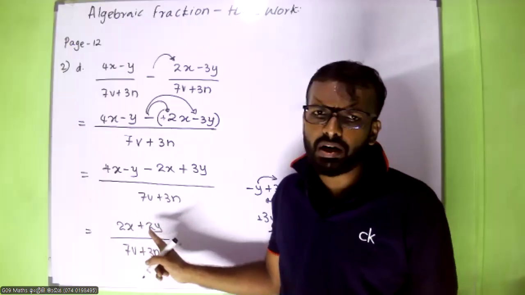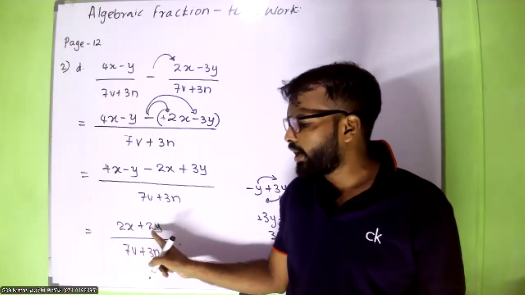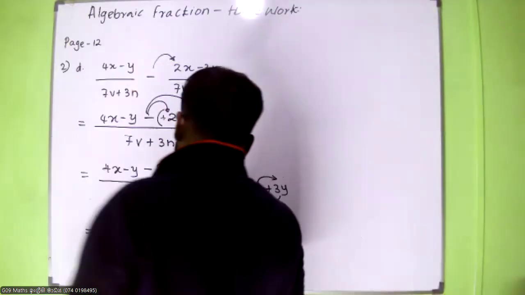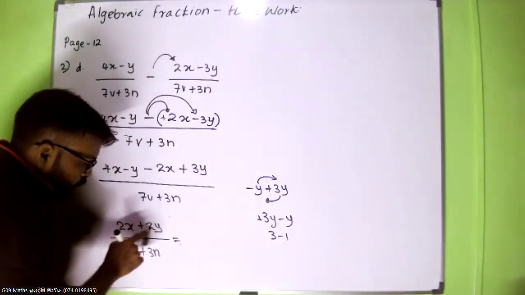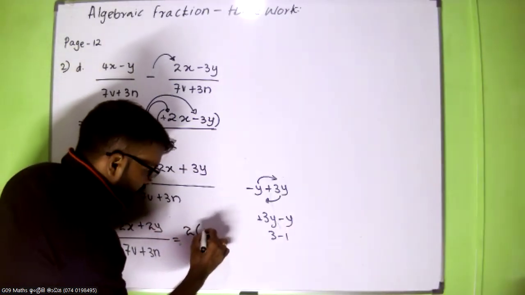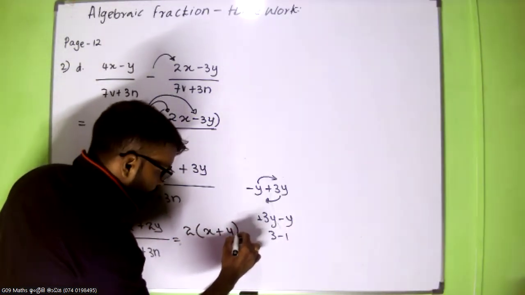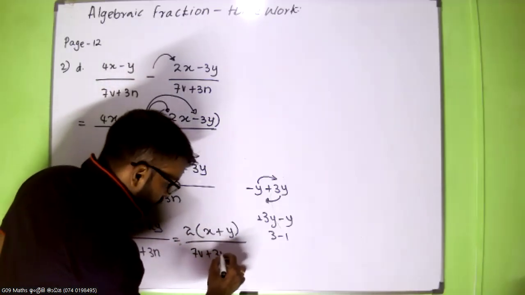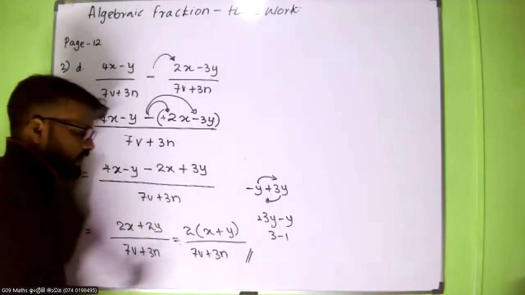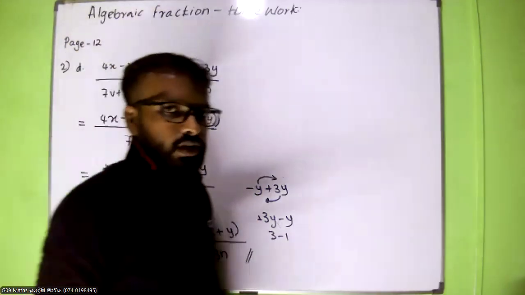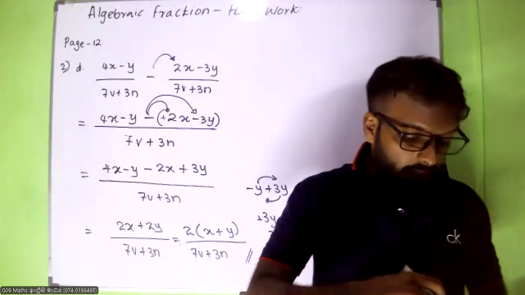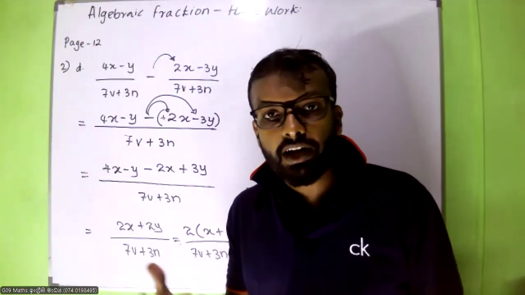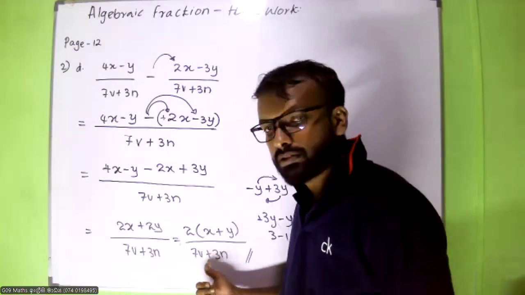But in the numerator, I am seeing a common factor, 2 and 2. So I can take it out from the brackets. Equal mark, 2, x plus y. So this should be your final answer. Both answers are correct. But if you want to be like a genius, do this.